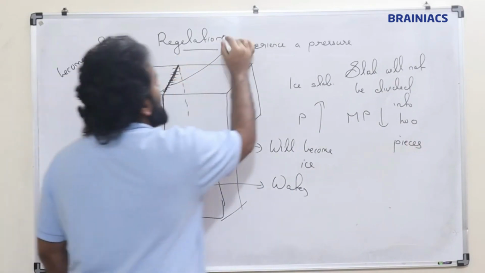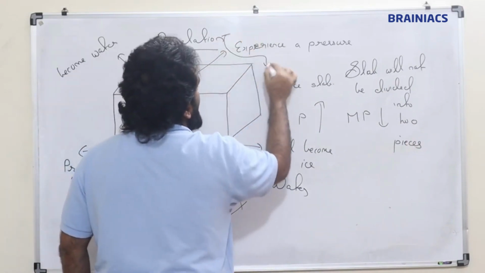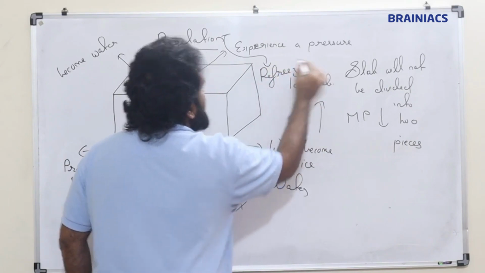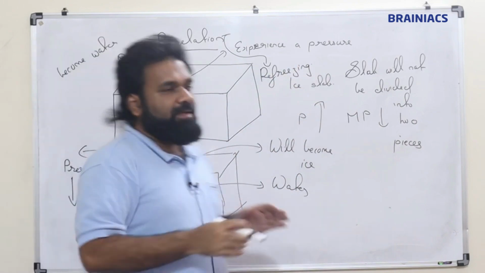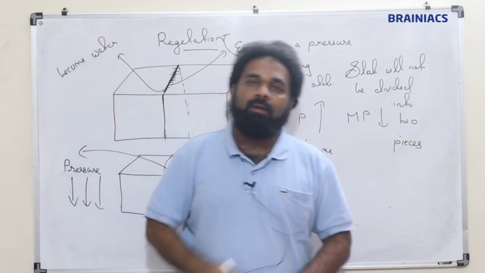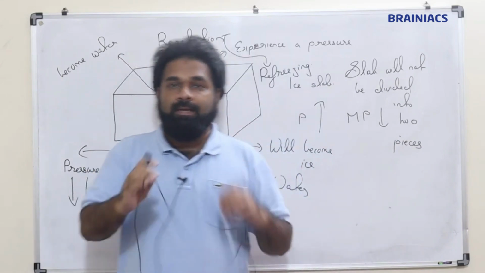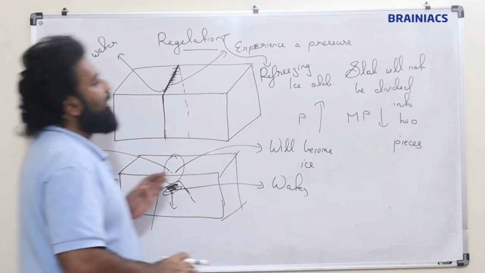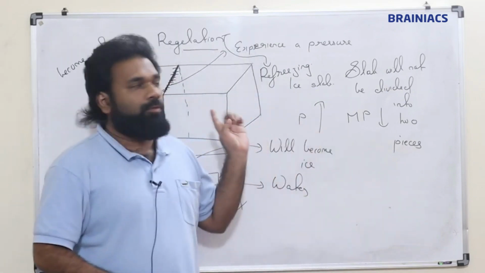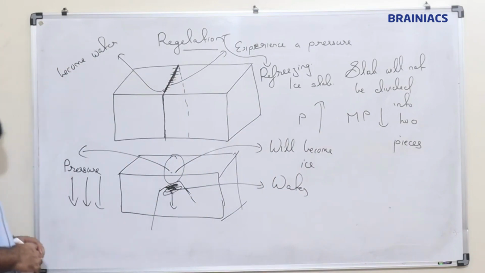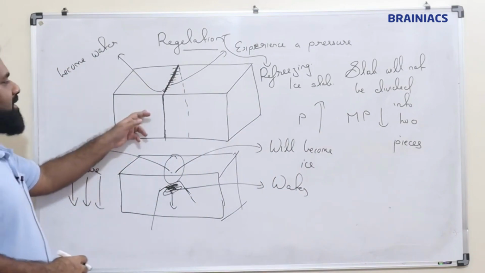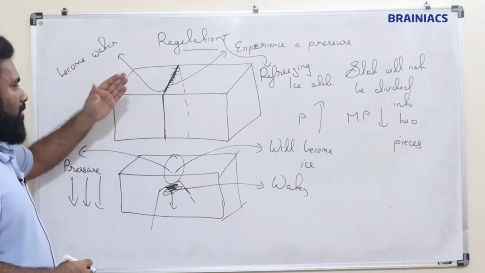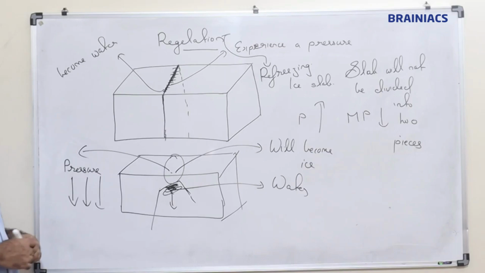Regelation is nothing but the process of refreezing. So the process of refreezing, once the pressure comes down, is called regelation. This is discussed in our textbook NCERT, so you can note it down. Clear? This is what regelation is. We can see a clear example of the dependence of the melting point on pressure with this. Clear?